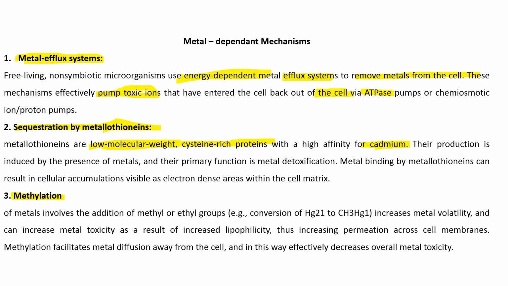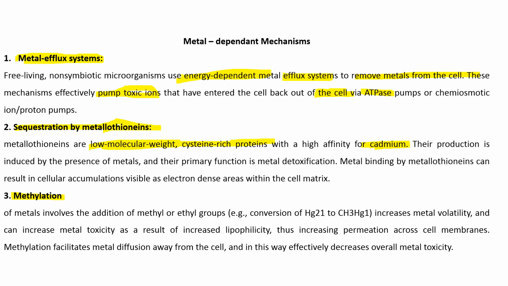They are not always present inside the cellular matrix, but are produced in response once the cadmium enters the cell. Once it enters, the metallothionein binds the cadmium and accumulates in a particular region near the plasma membrane inside the cytoplasm.